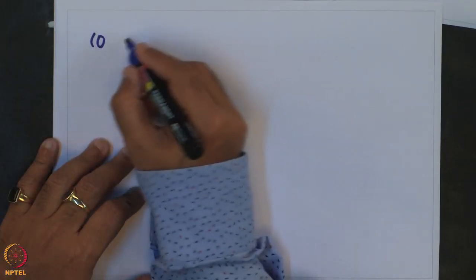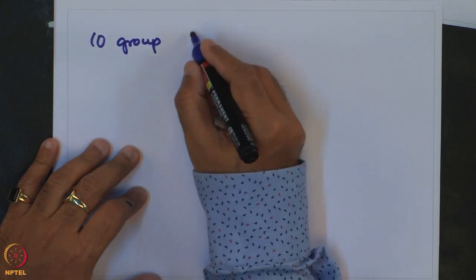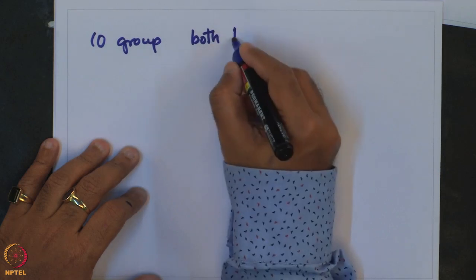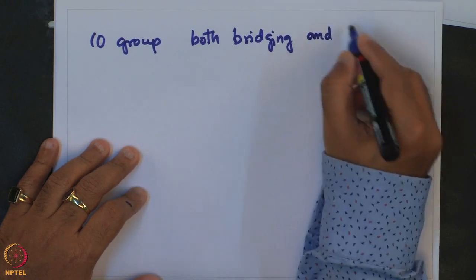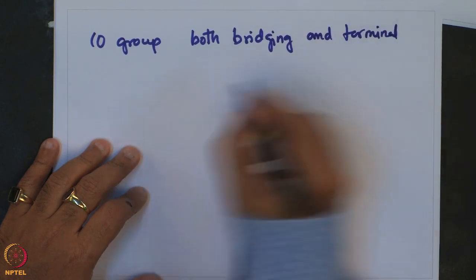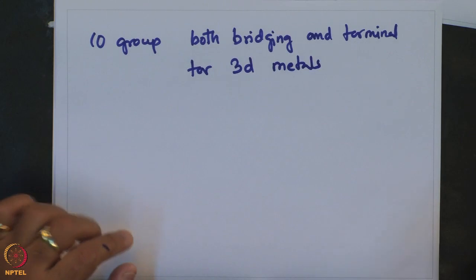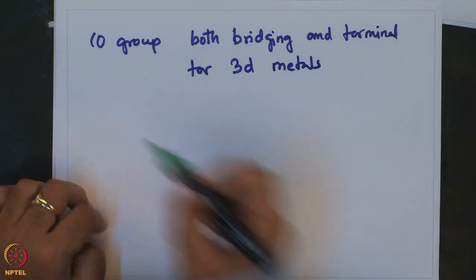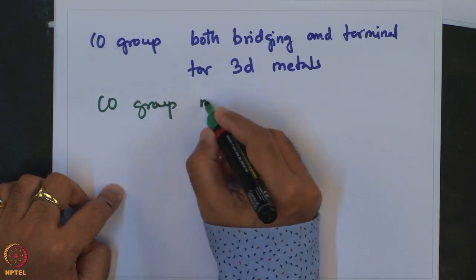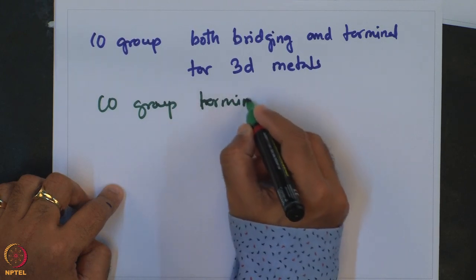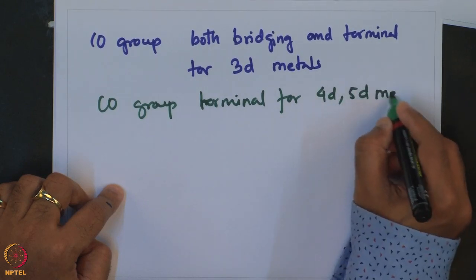So, CO ligand groups can be both bridging and terminal for 3d metals, whereas the CO groups are mainly terminal for 4d and 5d metals.